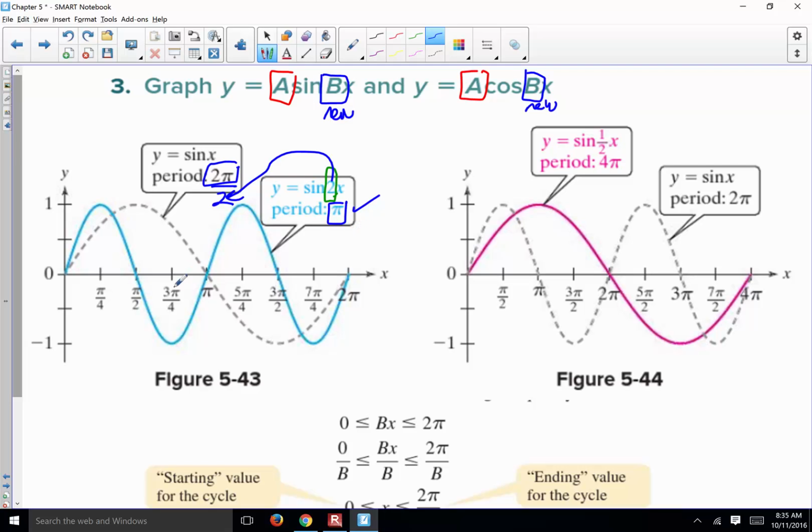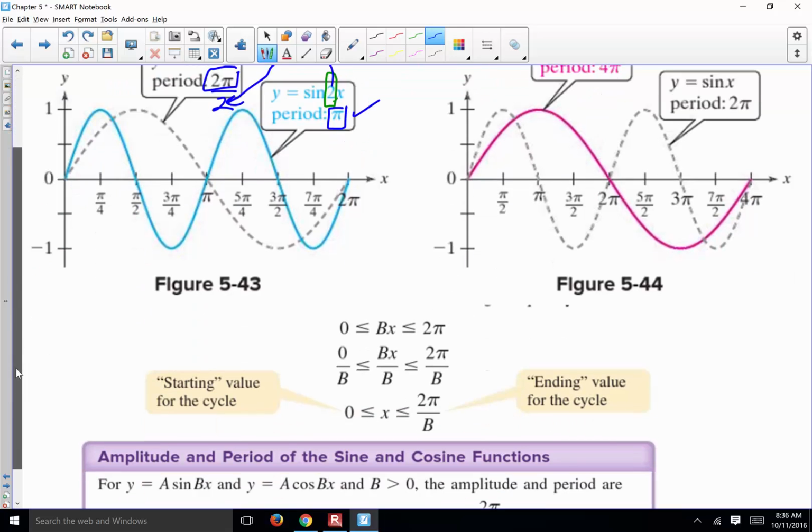That means it's going to make that one bump and one cavity in only half the distance. From 0 to pi you're going to make it. Instead of 0 to 2 pi, where you were making one bump, one cavity, now you're going to make that bump and cavity from 0 to pi, half the distance. And how do I know it's 0 to pi?